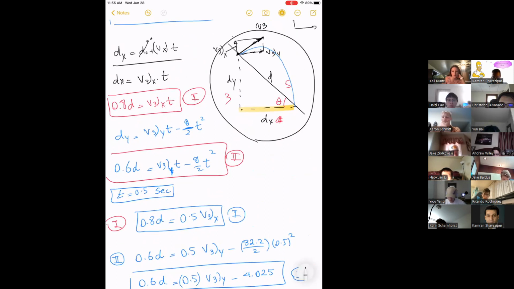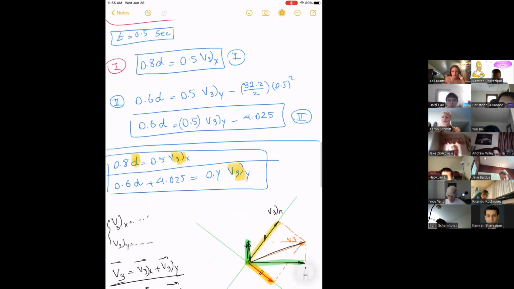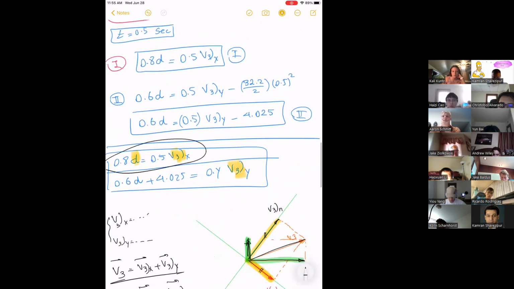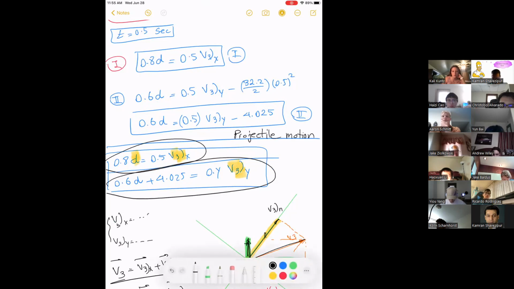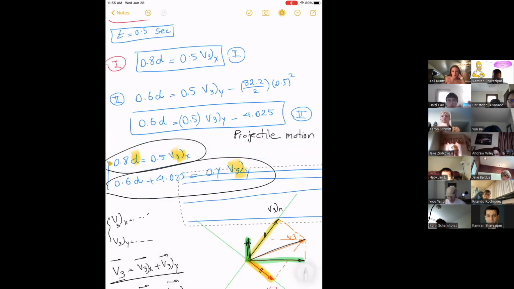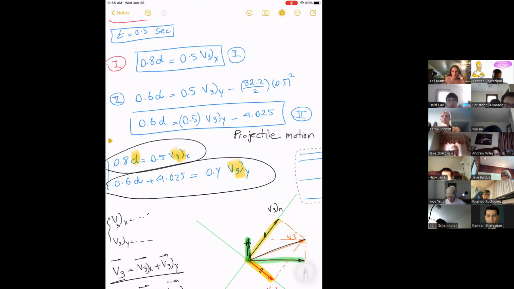So when I write the equation, these are my final equations from projectile motion, which give you V3x and V3y, right? It doesn't give you in terms of normal and tangential.